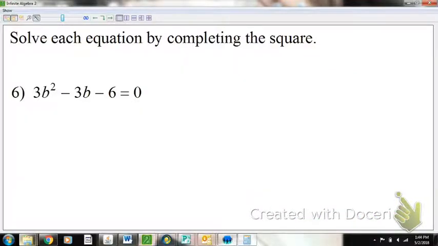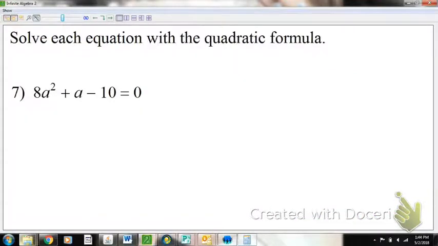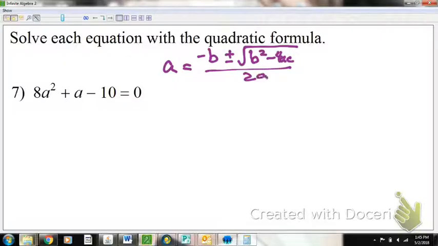Okay. The next problem, we're told to solve by the quadratic formula. The quadratic formula is x equals negative b plus or minus the square root of b squared minus 4ac, all divided by 2a.